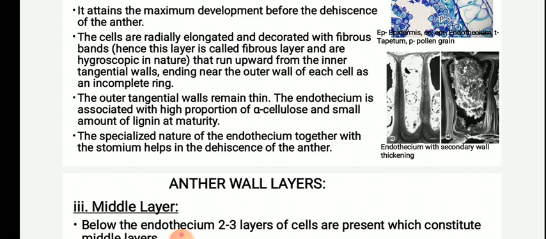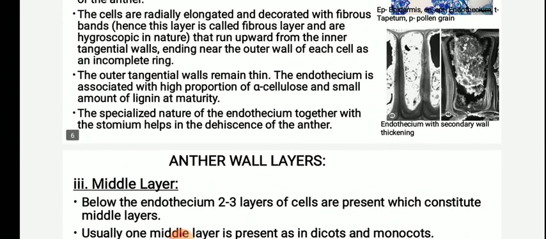The outer tangential walls remain thin. The endothelium is associated with a high proportion of alpha cellulose and a small amount of lignin at maturity. The specialized nature of the endothelium together with the stomium helps in the dehiscence of the anther.